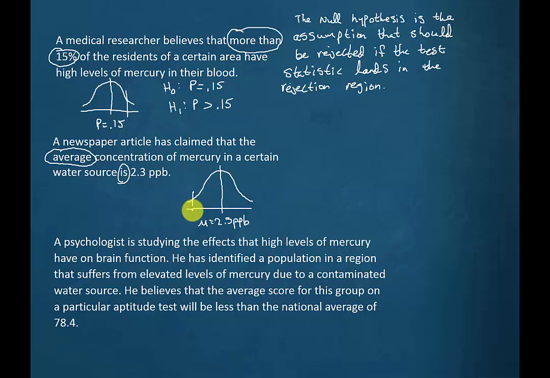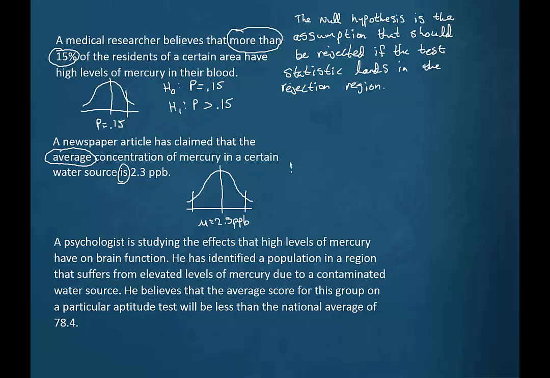So our rejection region would be split out into two tails, because either much greater than or much less than 2.3 parts per billion would lead us to conclude that it is not 2.3 parts per billion. So when would we reject this assumption? If we land either to the right or to the left, whereas in the previous case, in order to draw the conclusion of more than 15%, it would all have to be concentrated to the right.